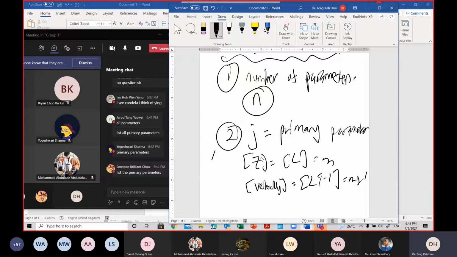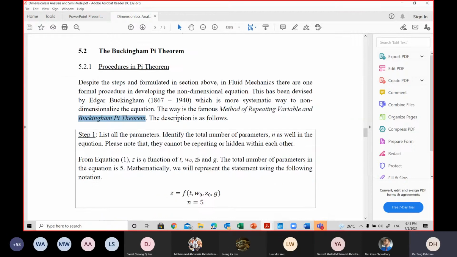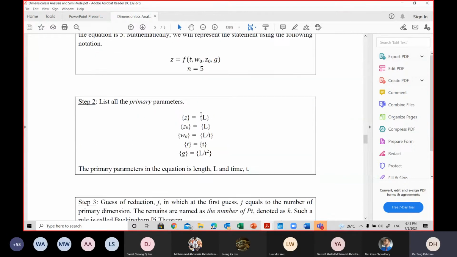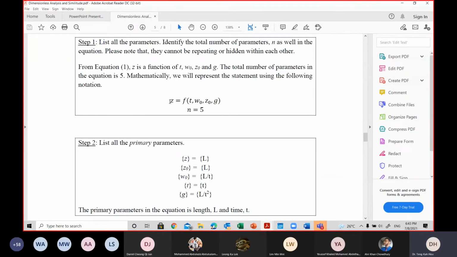For this step, the challenging part is that you need to make sure you're familiar with all these parameters. When you look at the questions, not all the time is the question simple, like give you a z, a t, a velocity, a g or whatever.